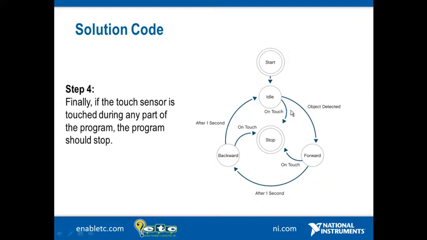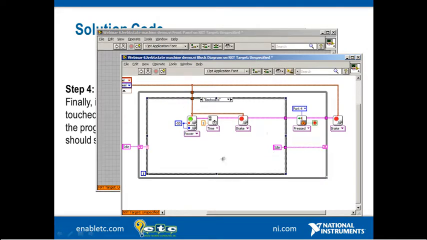Although the diagram gets more complicated and your logic might get more complicated, the structure of your code doesn't really get that much bigger. You add more cases here, but the overall size of your code and the ability to test it, look at it, and understand it still remains. And this is why the state machine architecture is such a commonly used approach when professionals are using LabVIEW for robotics and even other applications.